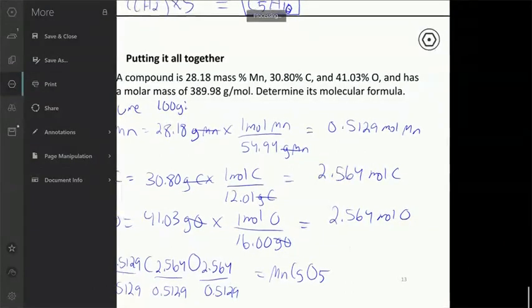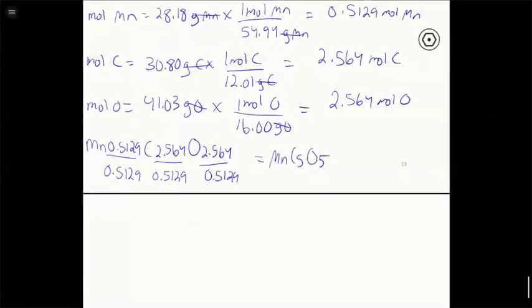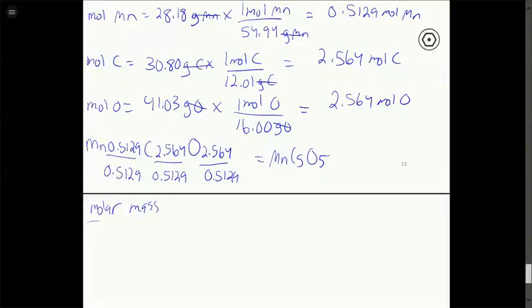Alright, so the last step then is to find the relationship between the molecular mass and the empirical mass. The molecular mass is given to us in the problem as 389.98.